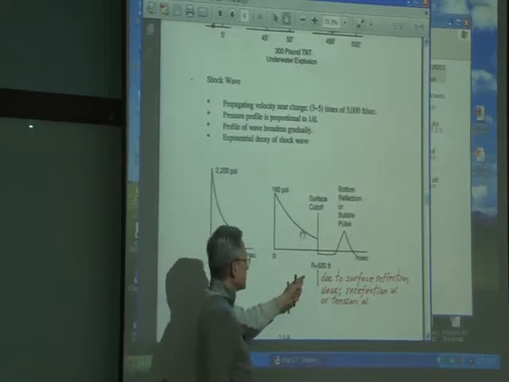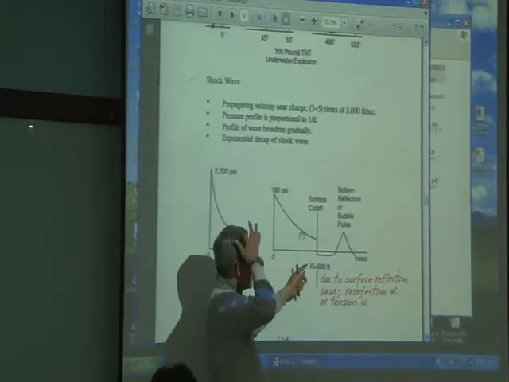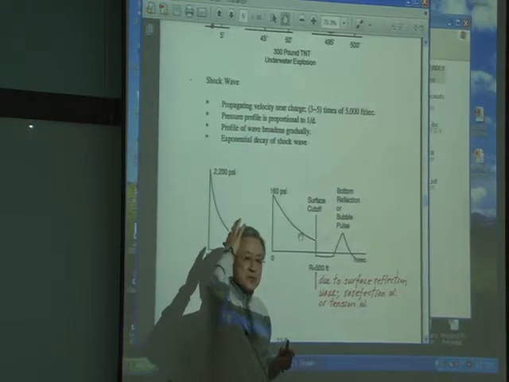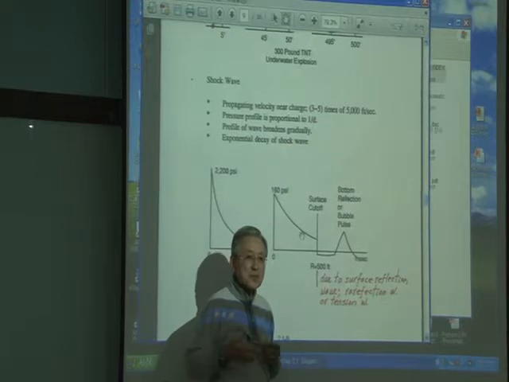But at 500 feet away, one phenomenon is called the surface cutoff phenomenon. I'm going to put that in some sort of midterm exam.